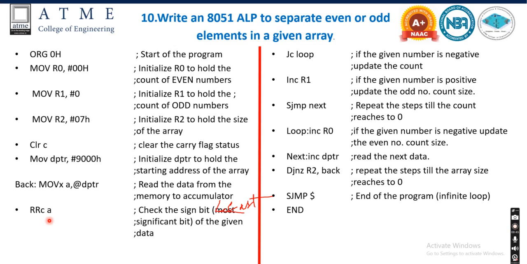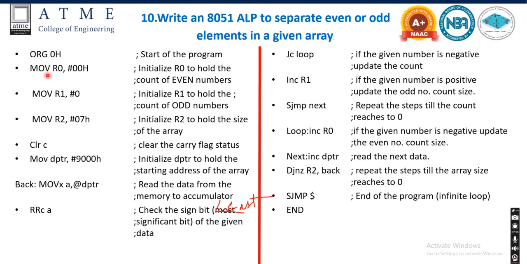If the carry is equal to 1, that indicates the given number is odd, and the counter R1 must be incremented by 1. Otherwise, if the carry is equal to 0, that indicates the given number is even, and correspondingly you have to increment the R0 register.